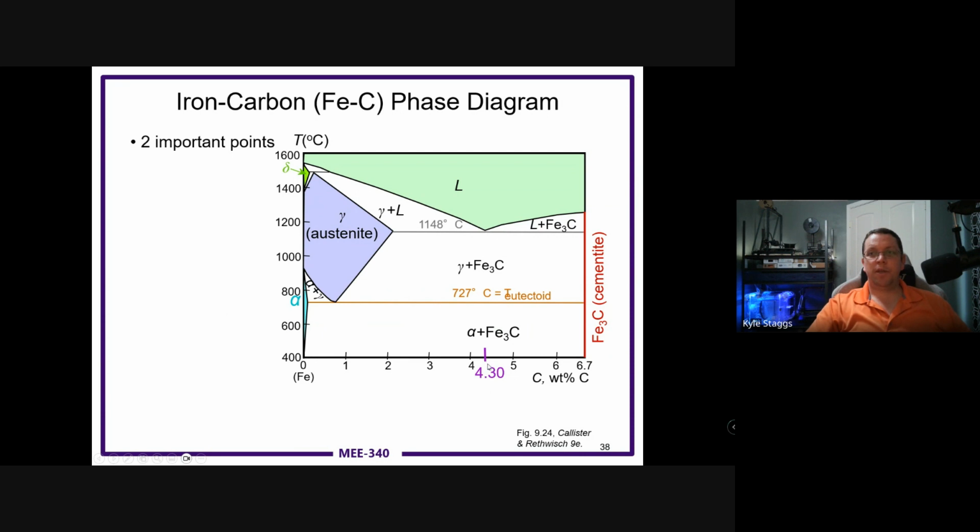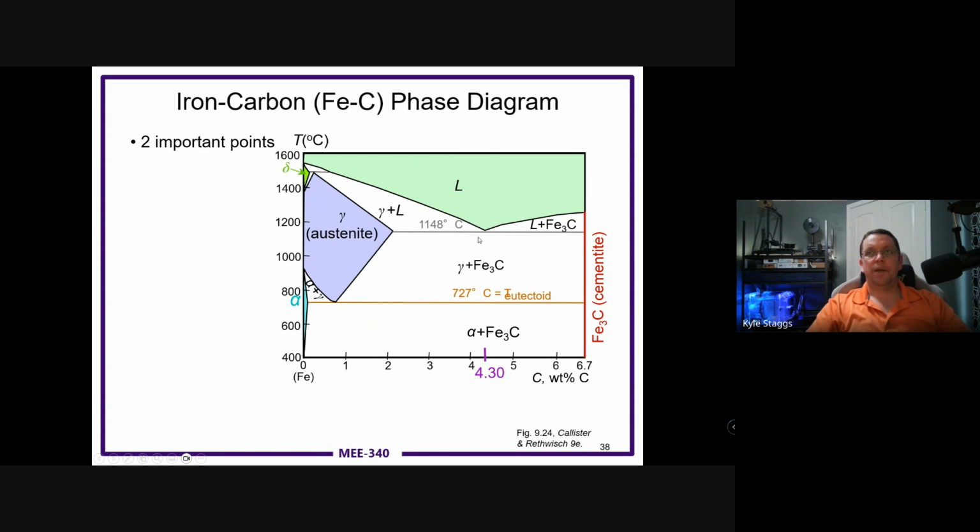This eutectic point is right at 4.3 weight percent carbon, so that will be important in some of the later processes, especially as we're making things. So you'll see later on that a lot of the steels are in this lower range, lower carbon. Then there's high carbon steels, and then above that is our cast iron range.